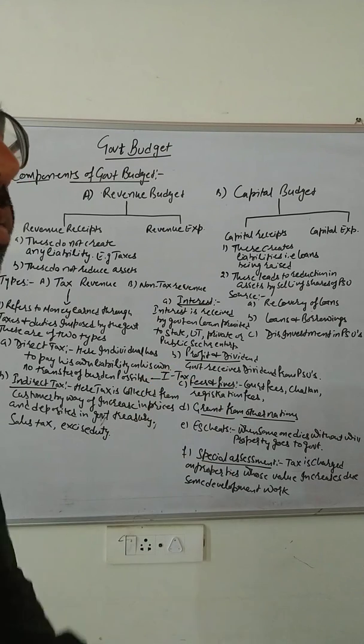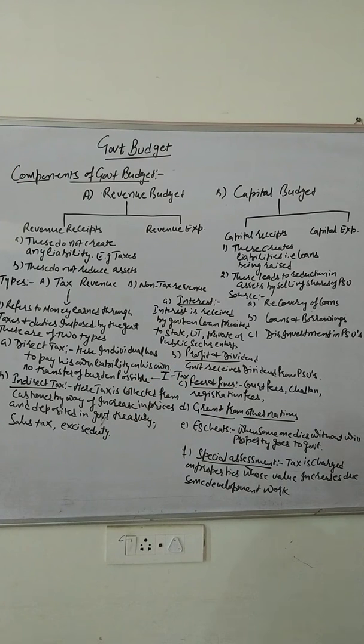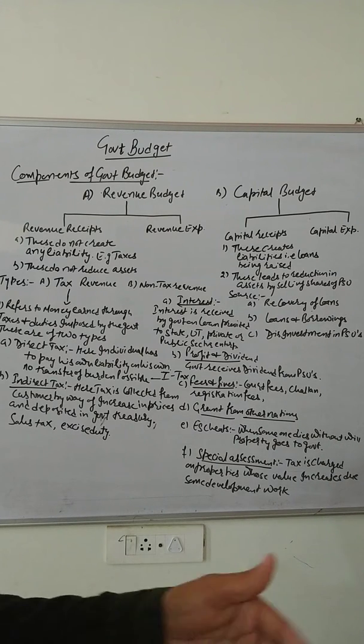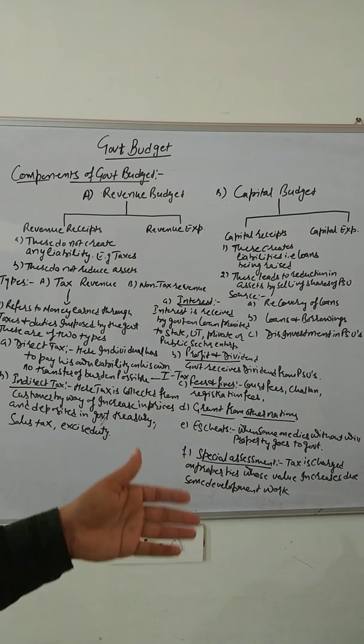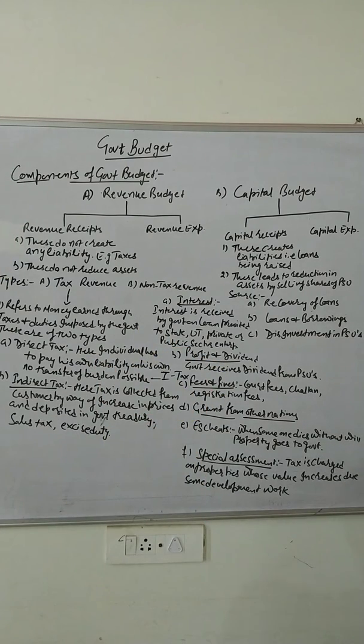Another is they are earning profits and dividend. They have a share in the profits and dividend of the public sector companies. Like ONGC every time gives interim dividend or final dividend. Dividend is a share out of the profits. In the same way, Reserve Bank has given interim dividend, final dividend. So that is another non-tax source of revenue receipts.